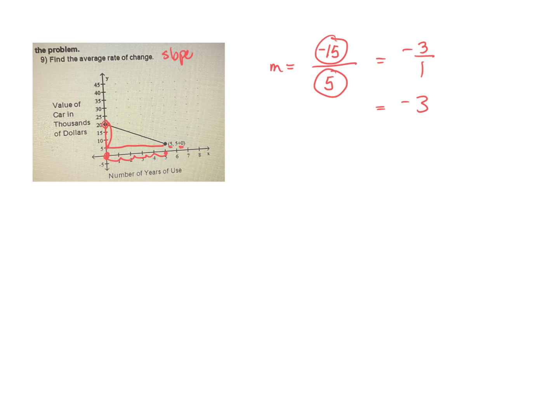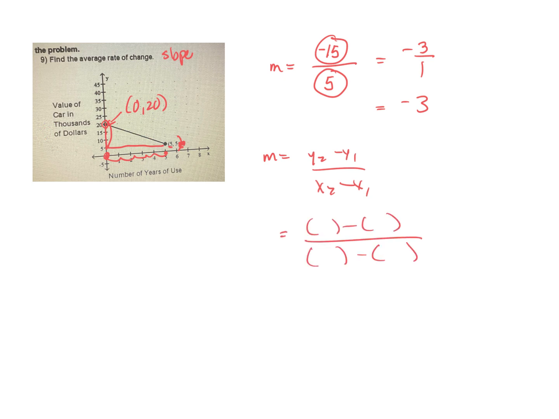Another way you could have done that, again, I'm not sure what this +0 is, we'll just disregard it. Another way you could have done it is found that point. That point is 0 and 20, and this point here is 5 and 5, and use the slope formula: y2 minus y1 over x2 minus x1. I just like to rewrite it with brackets.